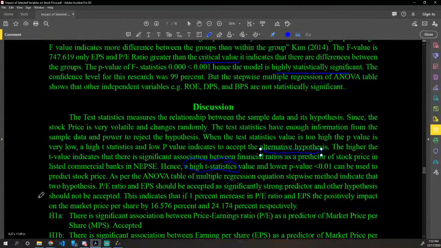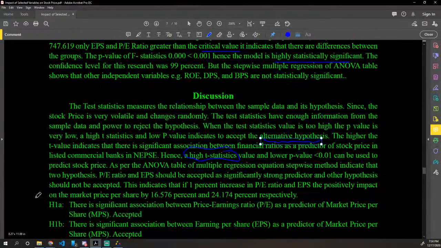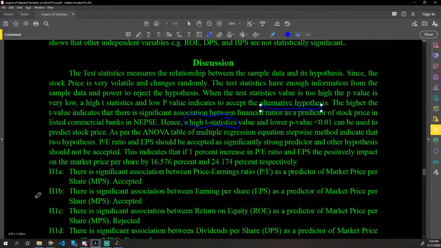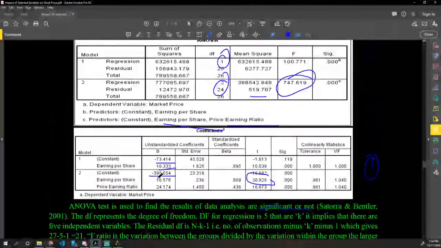Significant association. So as per the ANOVA table of the multiple regression equation with the stepwise method, PE and EPS should be accepted as significantly strong predictors. That is correct. PE and EPS, right? And other hypotheses would not be accepted. This indicates that if there is a 1% increase in PE and EPS, the positive impact on the market price is 16.576% and 24.174% respectively.